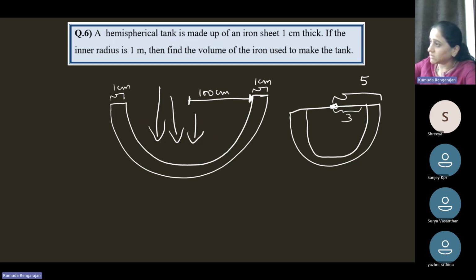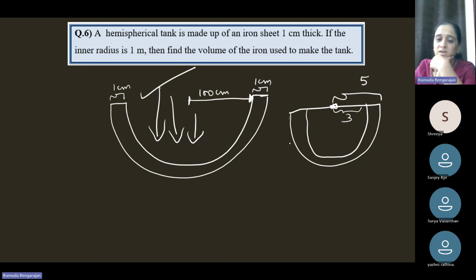Because it's solid, you can scoop out a hemisphere using the same center but a smaller radius, say 3 centimeters. So now the resultant object is what this tank will look like. That's how you can imagine a tank where the material is thick.